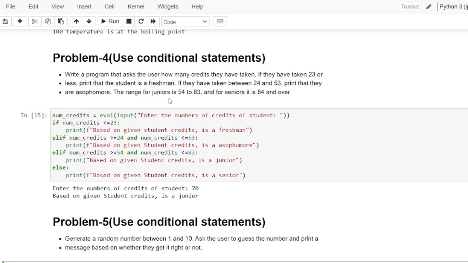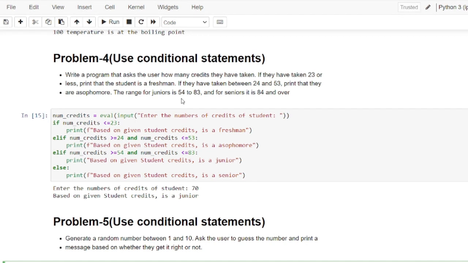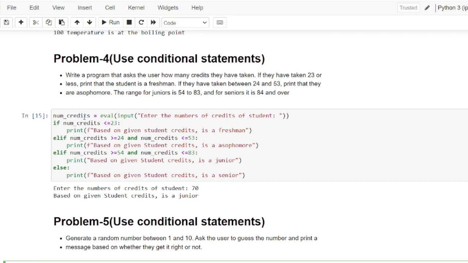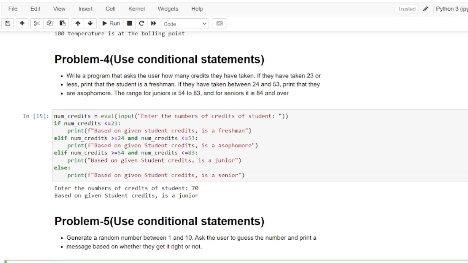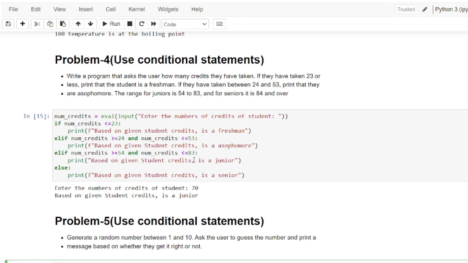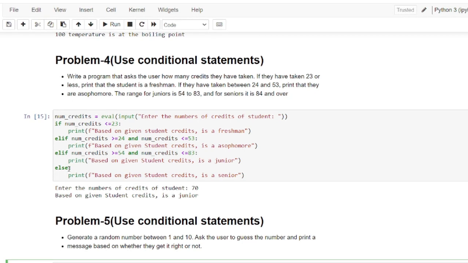The range for the junior is 54 to 83, and the senior is 84 and above. So now I am asking the number of credits and I am composing if, elif, and else. You can see it.